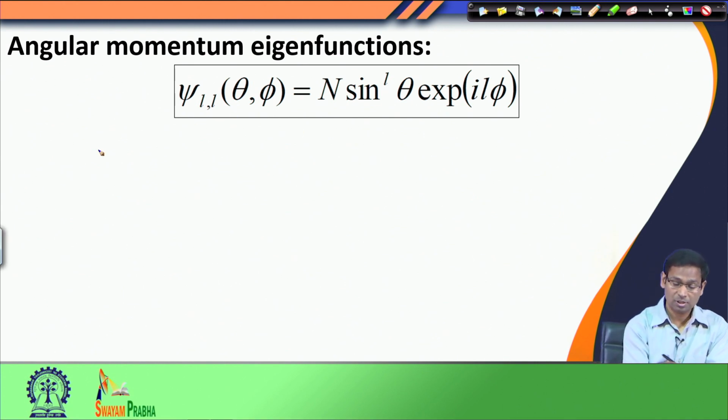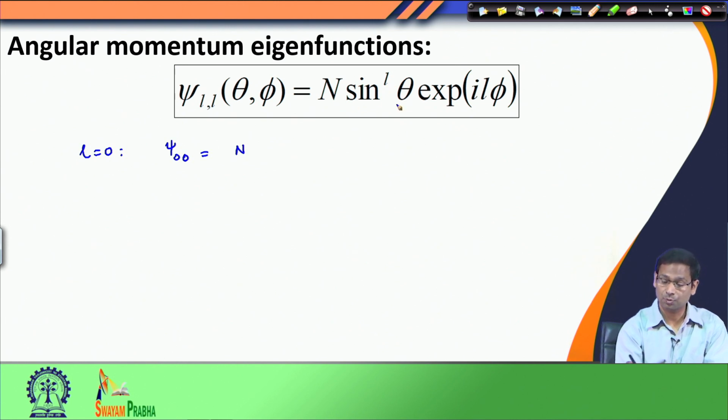This is the general expression for psi L L. So, when L equals 0, psi 0 0 becomes N sine to the power 0 theta, so this is 1, e to the power i L phi, L is 0, so this is 1. So, psi 0 0 is simply N. What is N? N is a constant. How do we determine that? We have to normalize this.